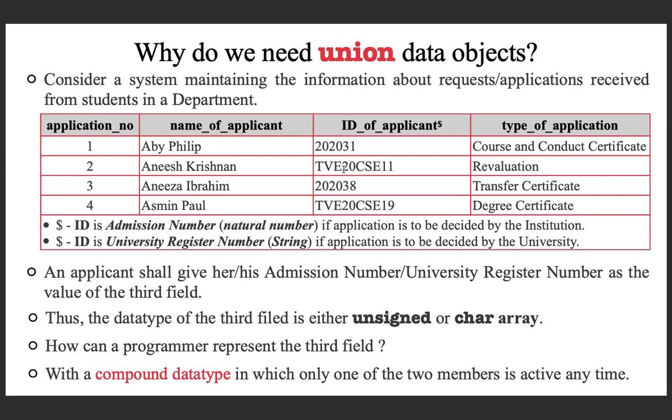So for this kind of situation, where you need only one member of a compound data object at a time, but that member may depend on the context in which that particular variable is used. In this particular example, out of the two members, one will be used at a time. In general, out of n members, just one member can be used.